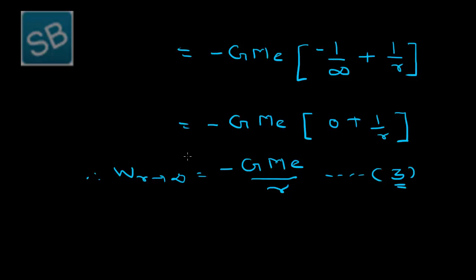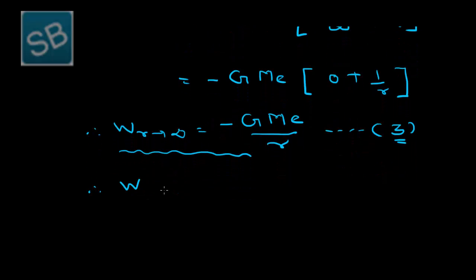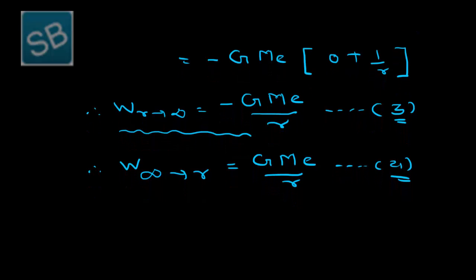So the work done by the gravitational force will be the same as equation number 3, but with the opposite sign. That means if you want to find out W from infinity to r, that is equal to GMe over r. This is just opposite, and this negative work is by the definition of gravitational potential phi.